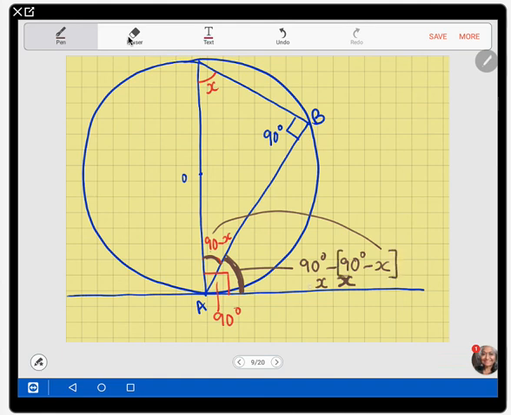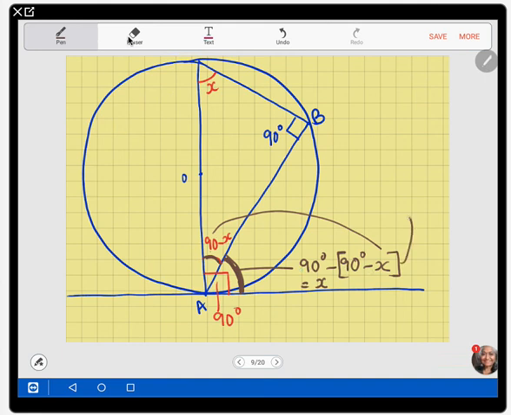It will be X because I did not put it in brackets. That's why I was having a negative X. So 90, open bracket, 90 minus X, that becomes a plus.